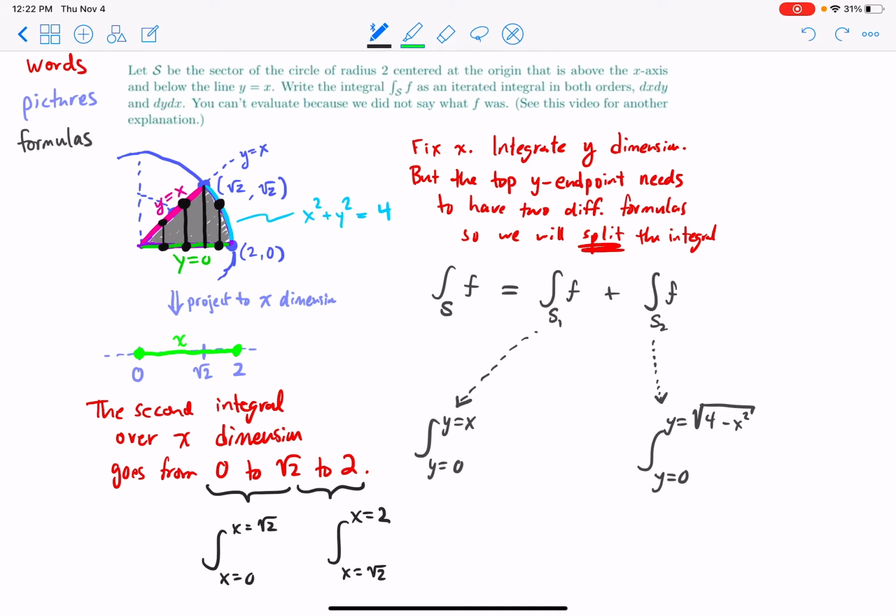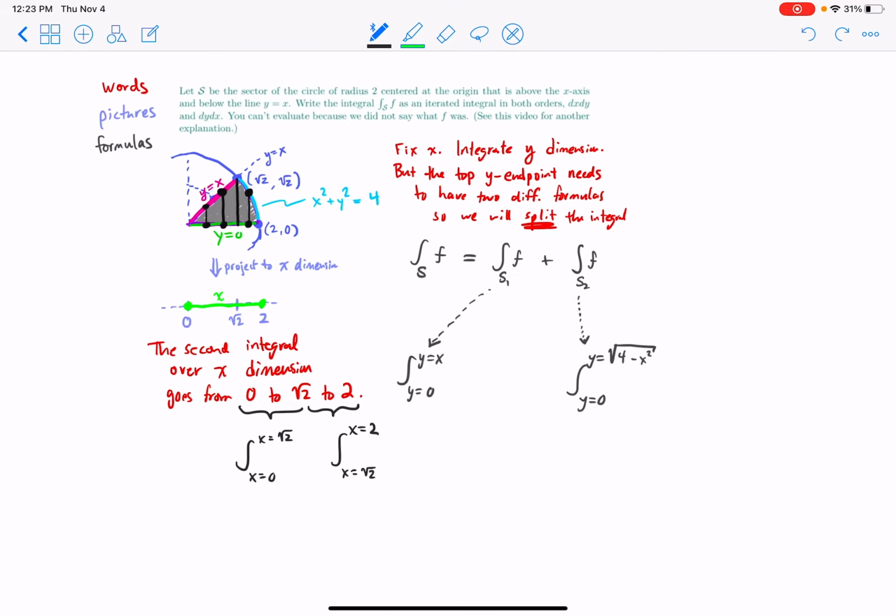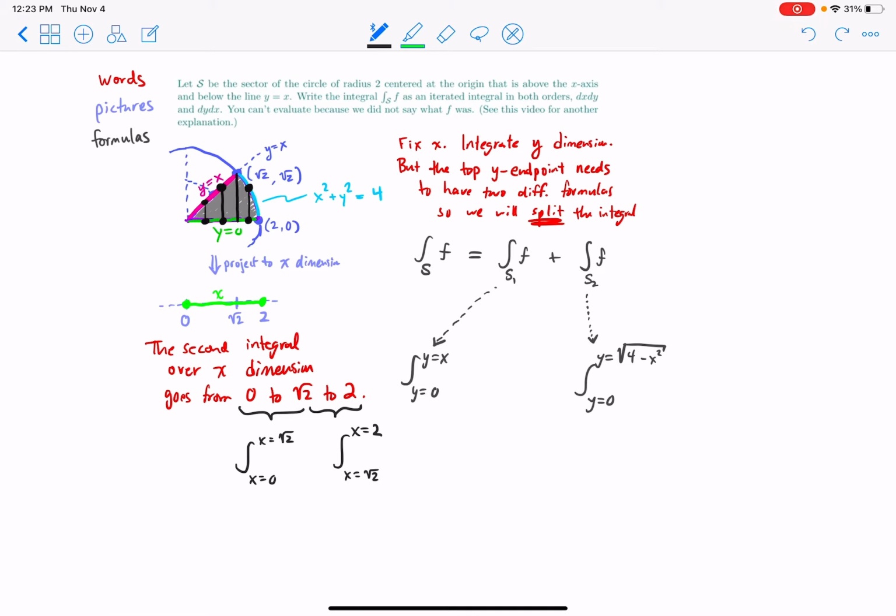And so now I can put it all together and say that this formula becomes, well, first we integrate with respect to y equals 0 to y equals x, and then we integrate with respect to x equals 0 to x equals root 2.